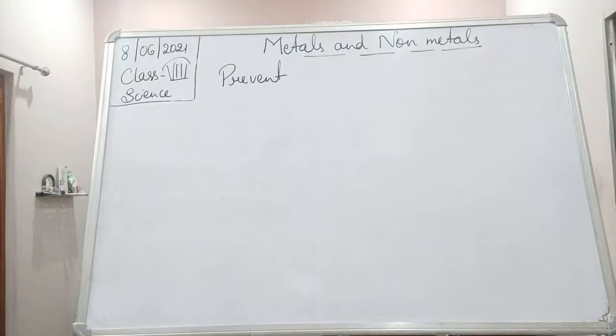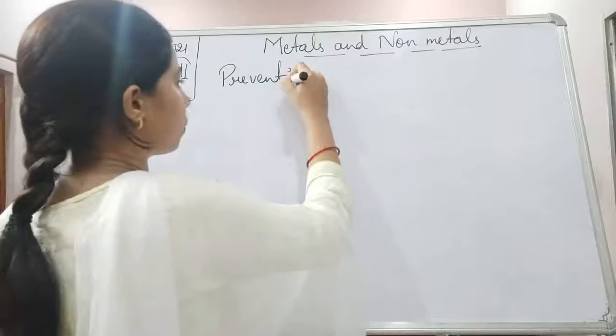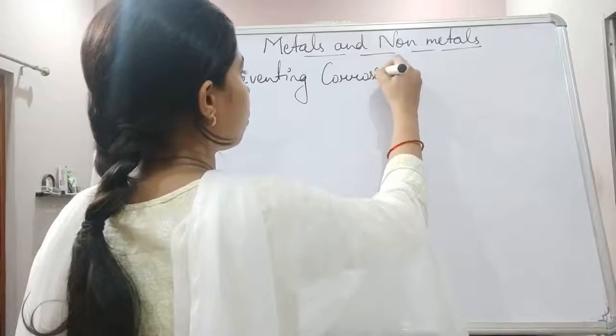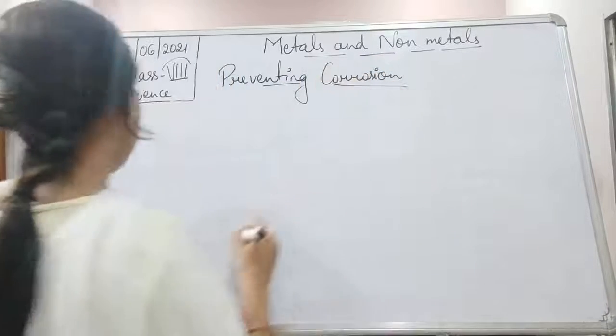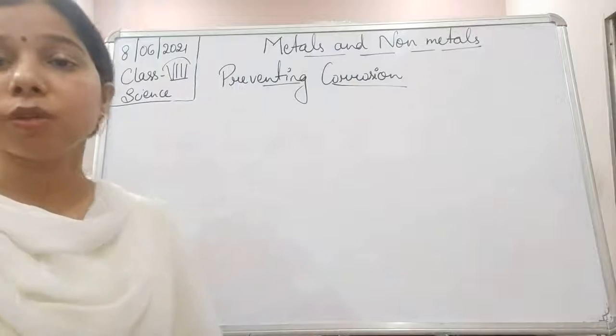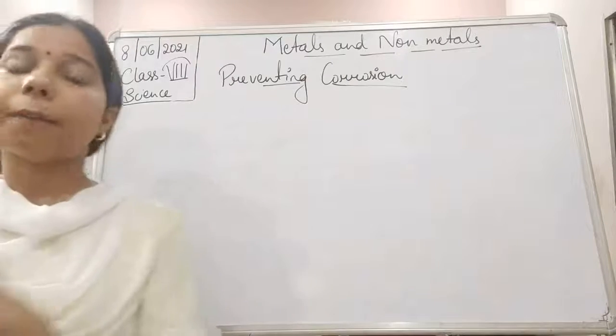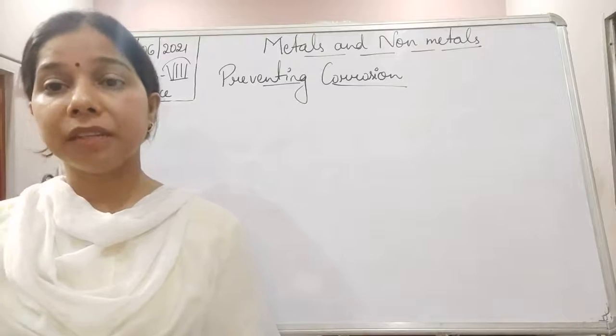Methods of preventing corrosion. The first method that we have seen, student, is applying paint, grease or oil.